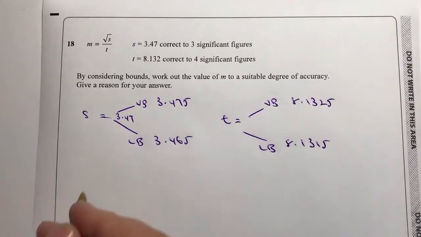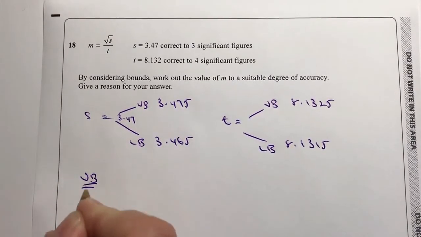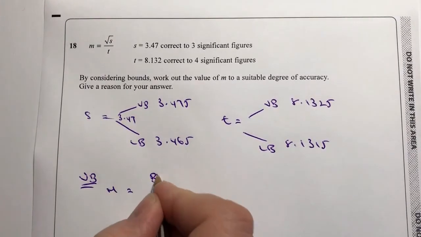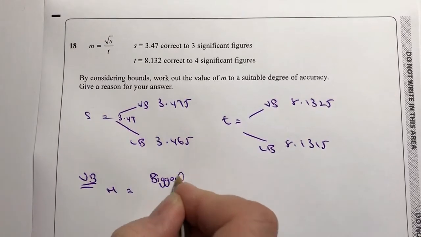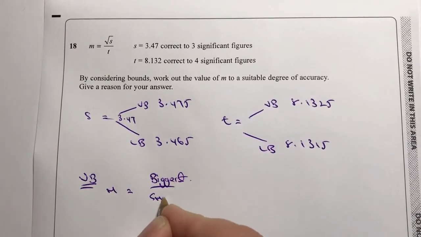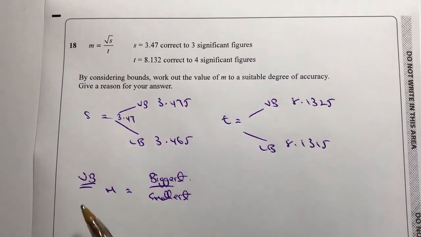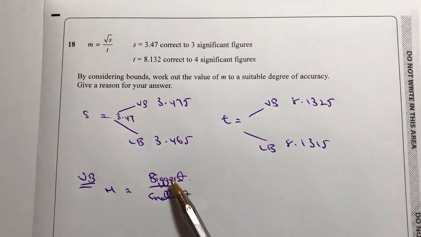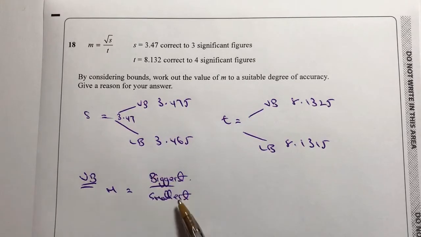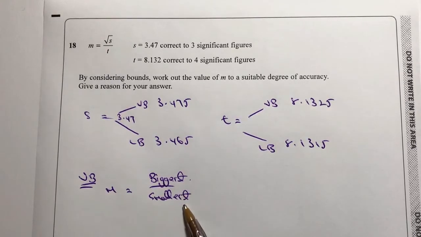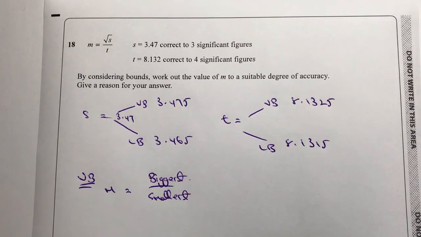So if we want to work out the upper bound of m, that's going to be the biggest number divided by the smallest number. Because the upper bound must be the largest amount divided by the smallest amount. There's going to be a lot more of those in this because it's bigger than if it was the other way around.